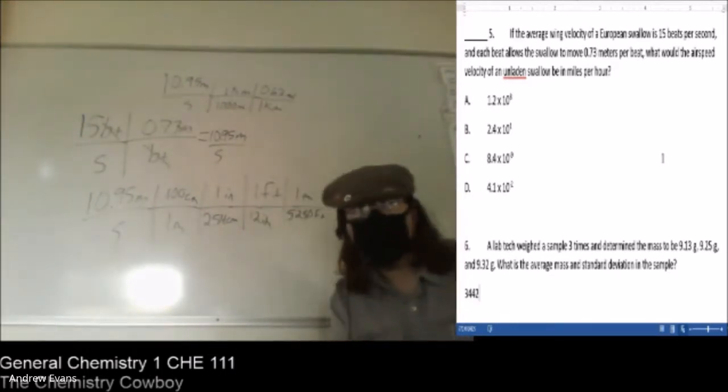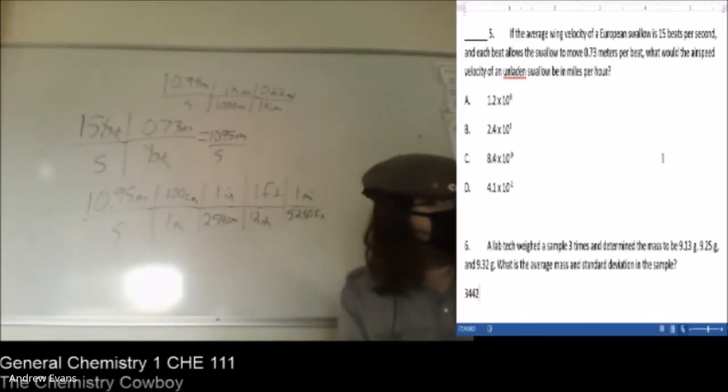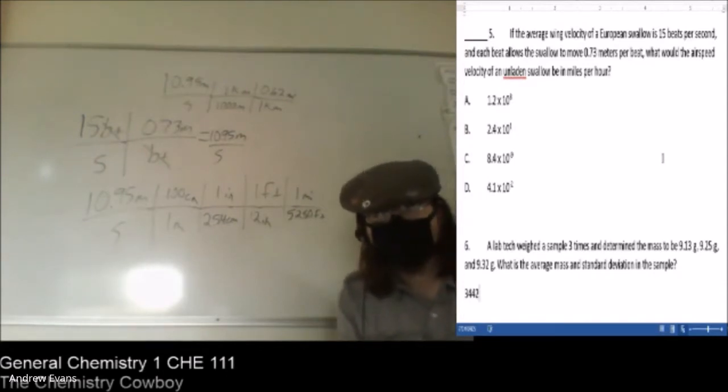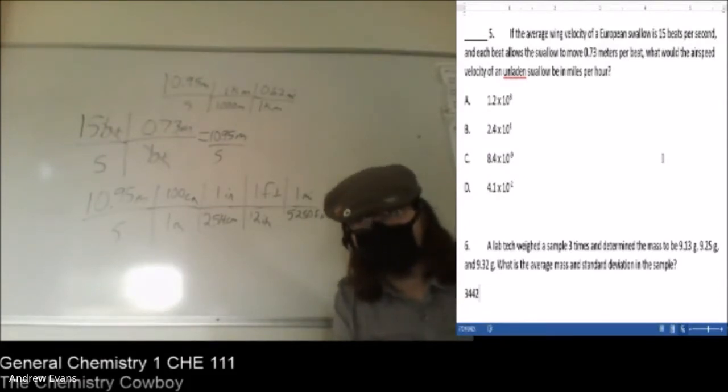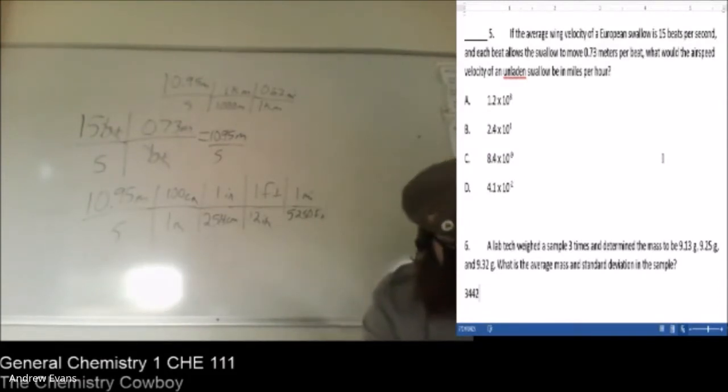But if I do those conversions, multiply by everything on top, divide by everything on bottom, we get approximately the same number in miles per second. I'm going to do the top one just to save a little bit of time.